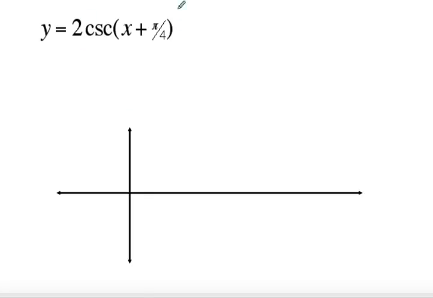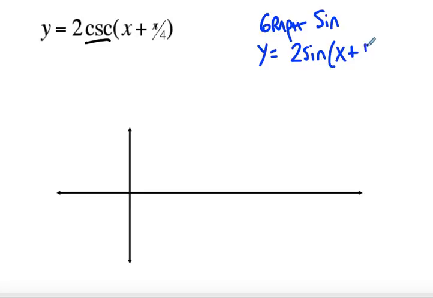So here's our first example. Cosecant is based off of the sine function. So we're going to graph the sine function first. So essentially, we're going to graph 2 sine of x plus pi over 4.